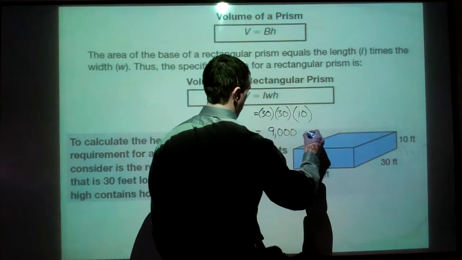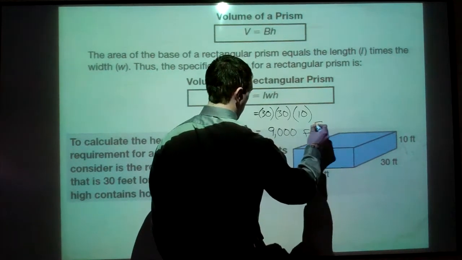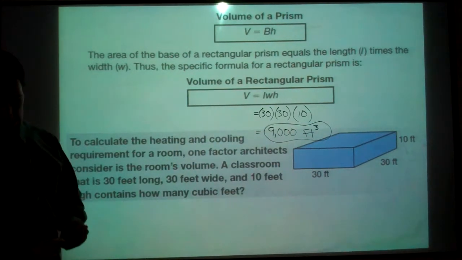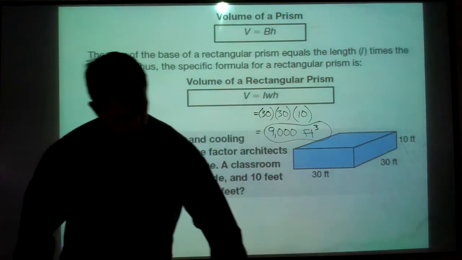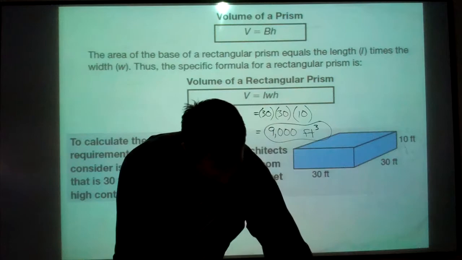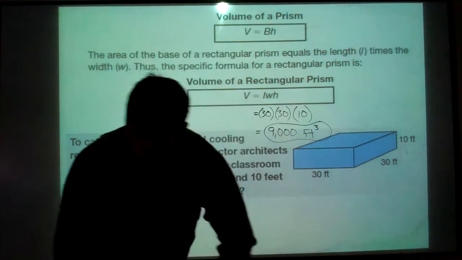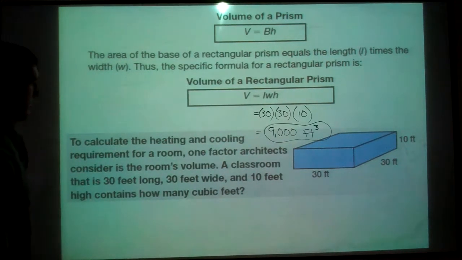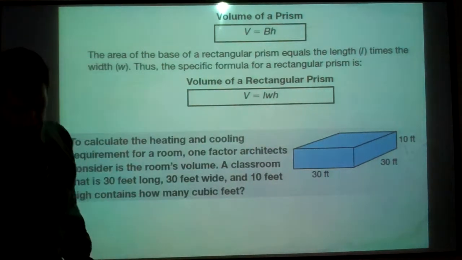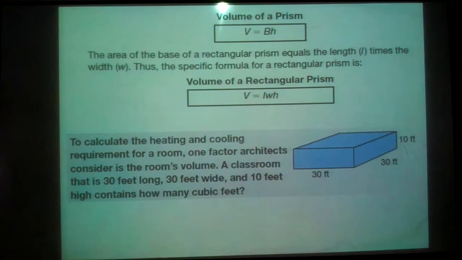And we are in volume, so we're talking cubic feet. So 9,000 cubic feet is what we should get for that one. Now that's a very basic volume question, but very applicable. Let's take a look at the next one.